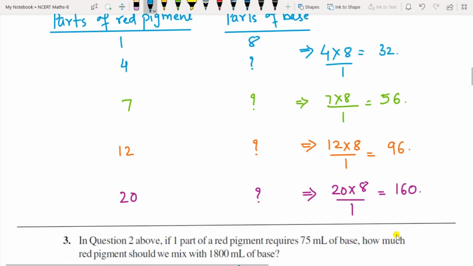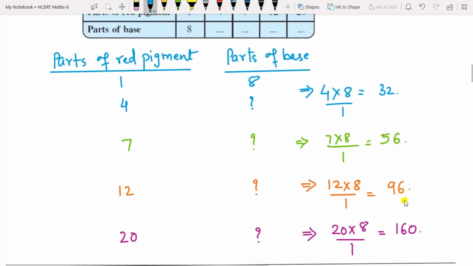Then the third is 12, 12 into 8 divided by 1, that becomes 96. And the fourth one is 20, 20 into 8 divided by 1, it becomes 160. So the number of parts of red pigment goes on increasing, and the number of parts of base also goes on increasing.